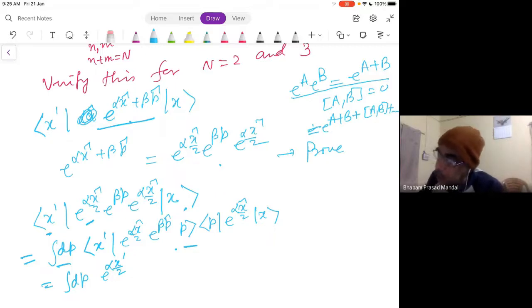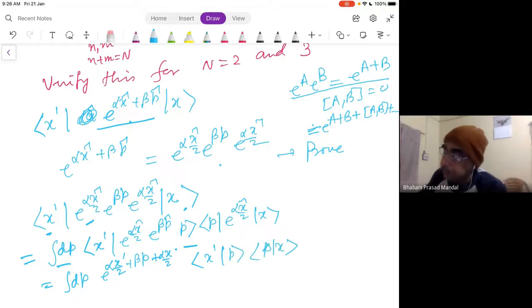When this acts, it will be beta times the p eigenvalue, and when this acts on that, it will be alpha x by 2. All these are not operators, and then you have x prime p and p x.